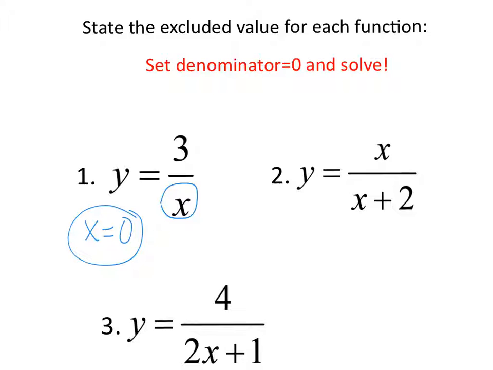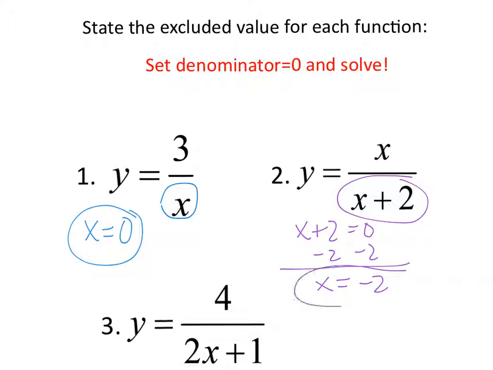All right, let's look at number 2. Now I'm going to set x plus 2 equal to 0 and solve. And so my excluded value here is x equals -2. And again, this is an excluded value because if I were to plug in -2 for this problem, I would have -2 over -2 plus 2, and -2 plus 2 is 0, so -2 over 0 is undefined.